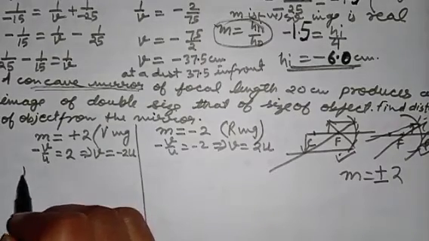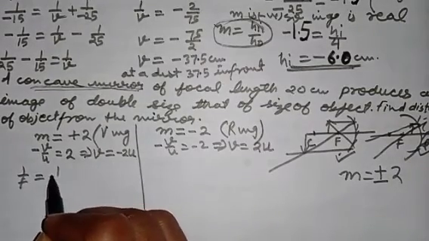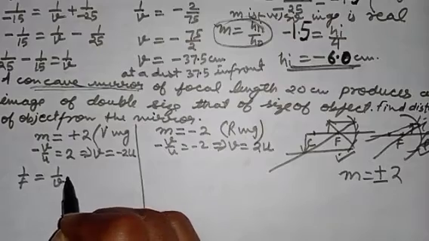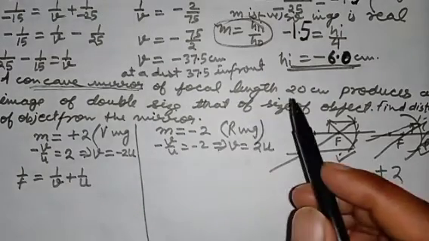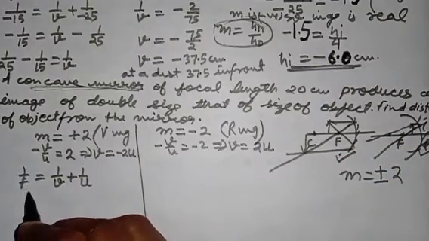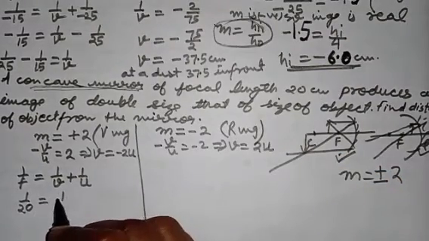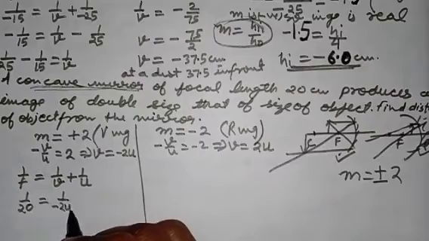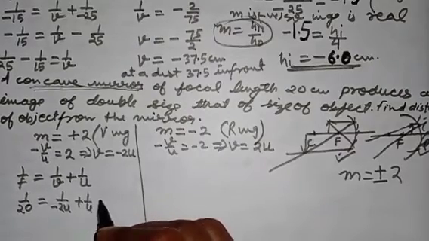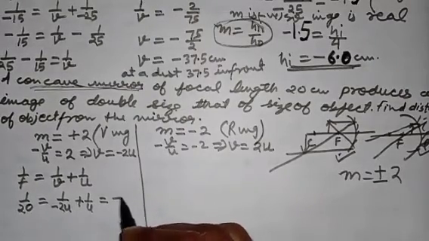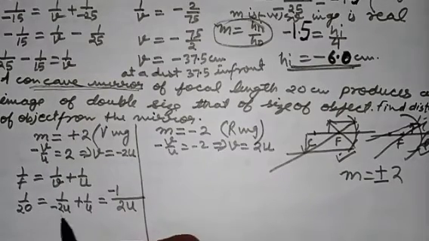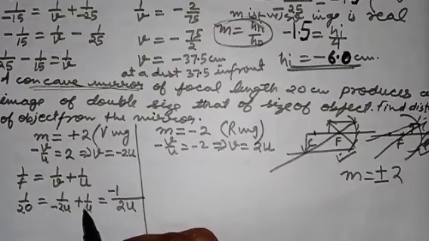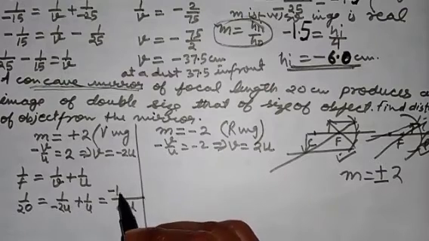And now we will put it here, and focal length is 20. So 1 upon 20 is equal to 1 upon minus 2u plus 1 upon u, that is minus of this. So 2u, we are not going to change something here, but here it should be multiplied by 2 on numerator and denominator.